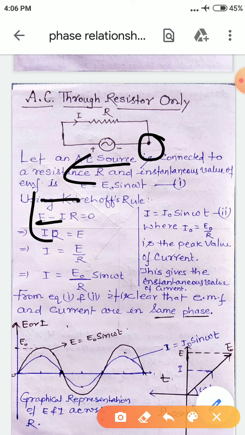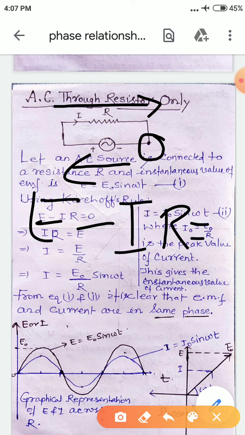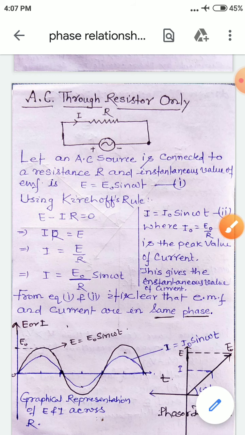Now if I is the current and R is the resistance, then IR will be the potential drop across the resistor, and we are moving in the direction of decreasing potential, so there will be a fall in potential. So we have to write minus IR, and that must be equal to 0. So E minus IR is equal to 0, and thereafter substituting the value, finally we get I is equal to I naught sine omega t.